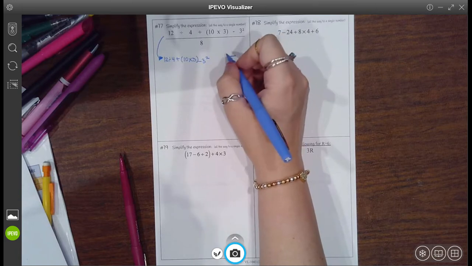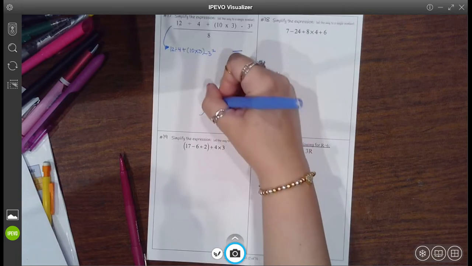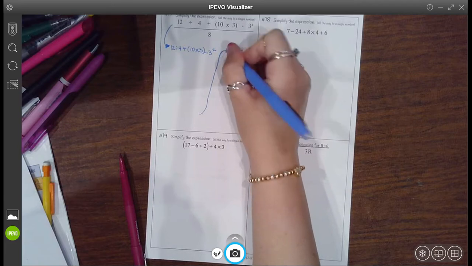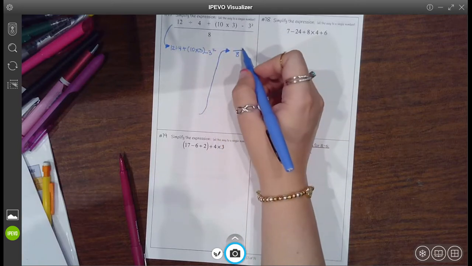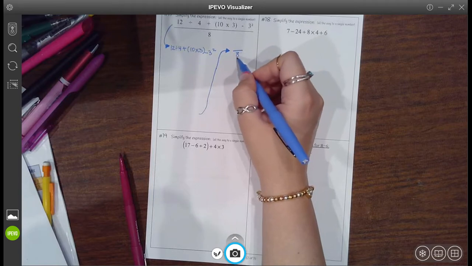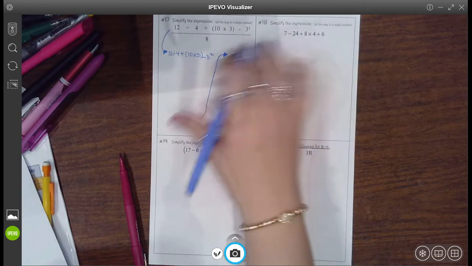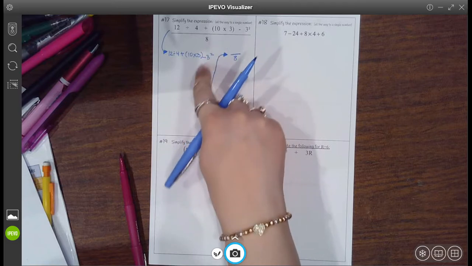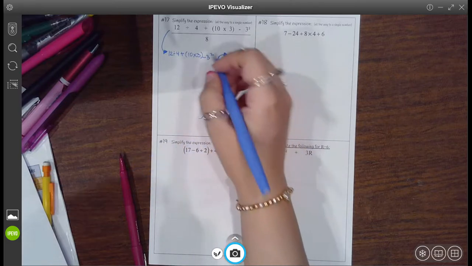I'm going to kind of draw an arrow going up so that I don't forget. Whatever answer I get after doing this big long problem is going to go here on top of divided by 8, because after you're done doing this huge long problem, you might forget that that was even there, because right now I'm just simplifying the top.